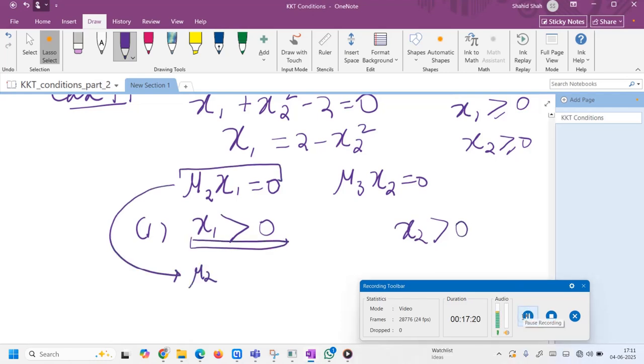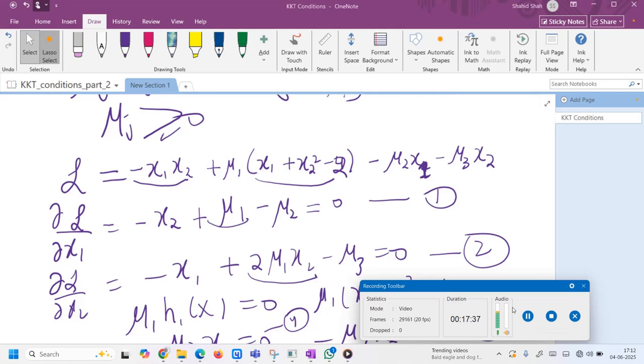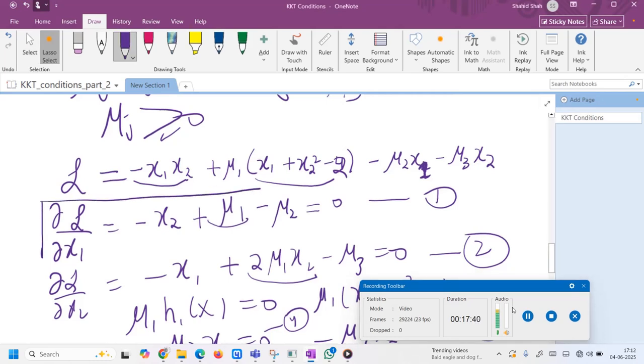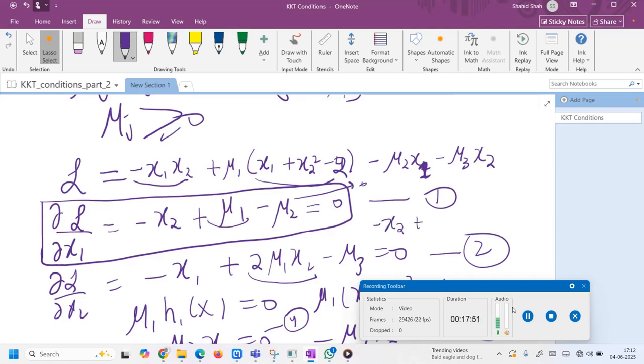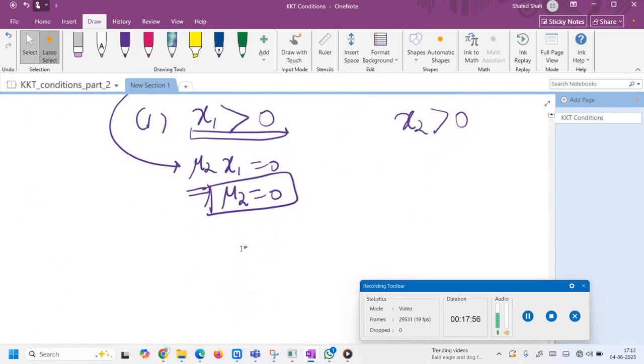When x1 is strictly greater than 0, then the equation mu2 x1 equal to 0 will imply that mu2 is 0, because x1 is not 0. That is one Lagrange multiplier we got. Now coming back to the KKT conditions, one of the equations we have is this. We can now easily solve it because mu2 is 0 and mu1 is not 0. So what we get is minus x2 plus mu1 is 0. So for this case we got mu1 is x2.